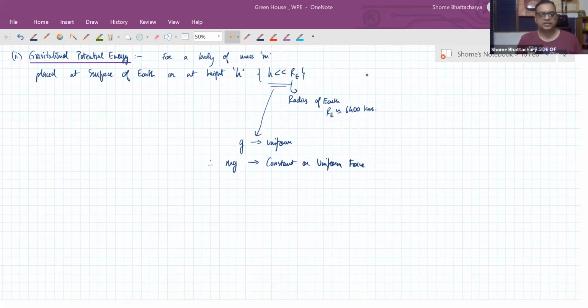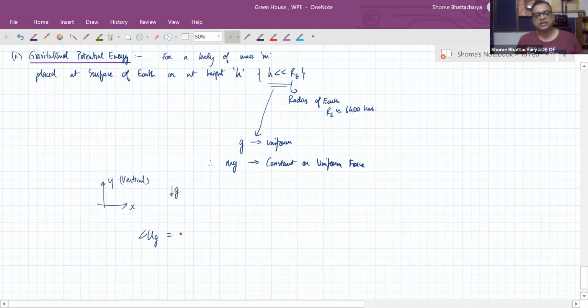So under this constraint, if we take the y-axis as a vertical axis and the x-axis as a horizontal axis, so gravity is acting in this direction, then we can say that delta U is negative of work done by the gravitational force. So that is minus of mg dot displacement.